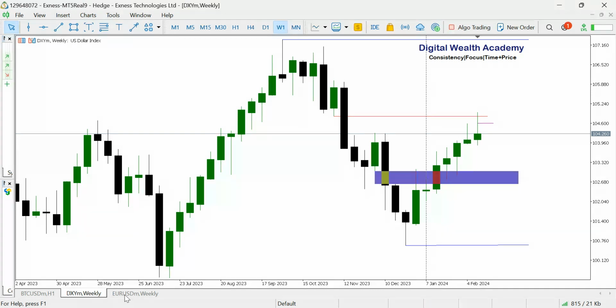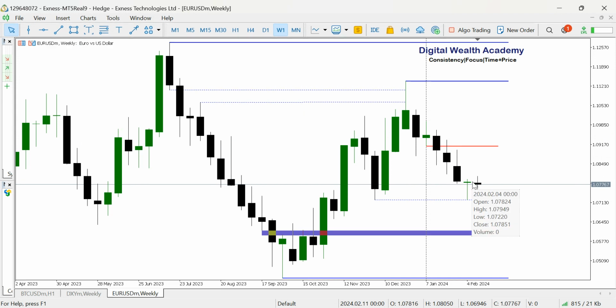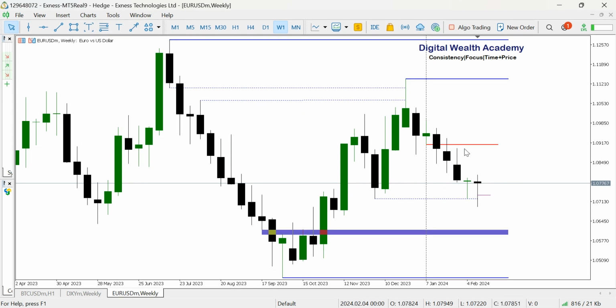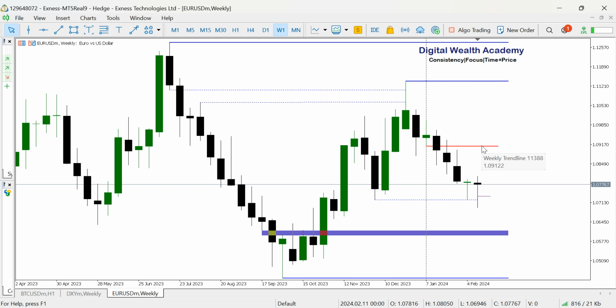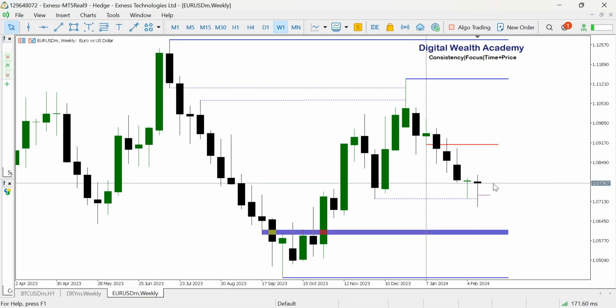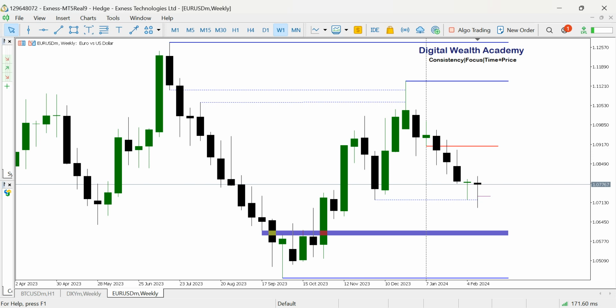And on euro, my draw on liquidity is this previous week high and this bearish order block. So until we get to this area, I am looking for higher price on euro. Otherwise, we're going to start expecting whatever the market is willing to give us. So that is it for the weekly chart.